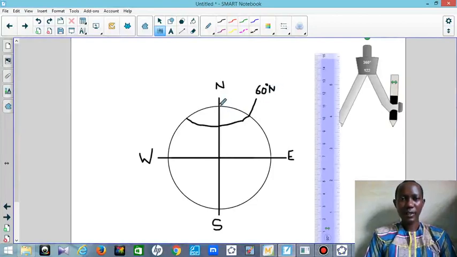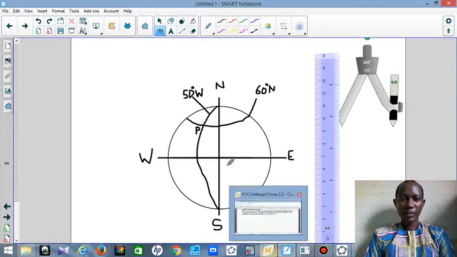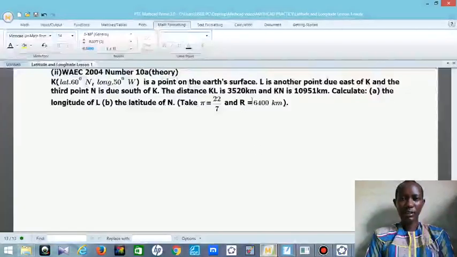Then it says 50° west, so you go like this, also label this 50° west. Okay, so where they meet is the first point, we call it point P. Take note of this.